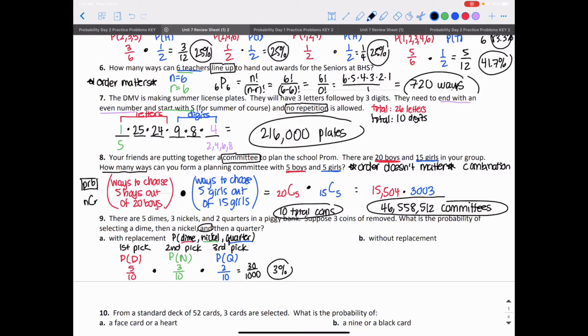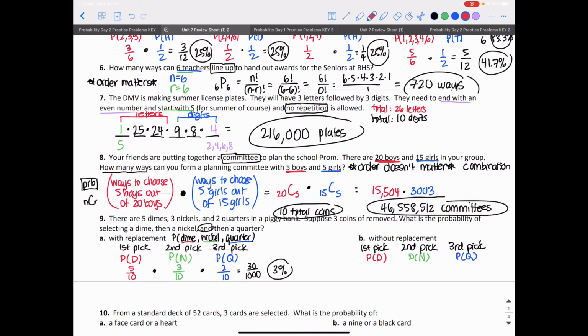Without replacement, I still have the independent events that are the first pick, the second pick, and the third pick. On the first pick, I want the probability of getting a dime. On the second pick, I want the probability of getting a nickel. And the third pick, I want the probability of getting a quarter.